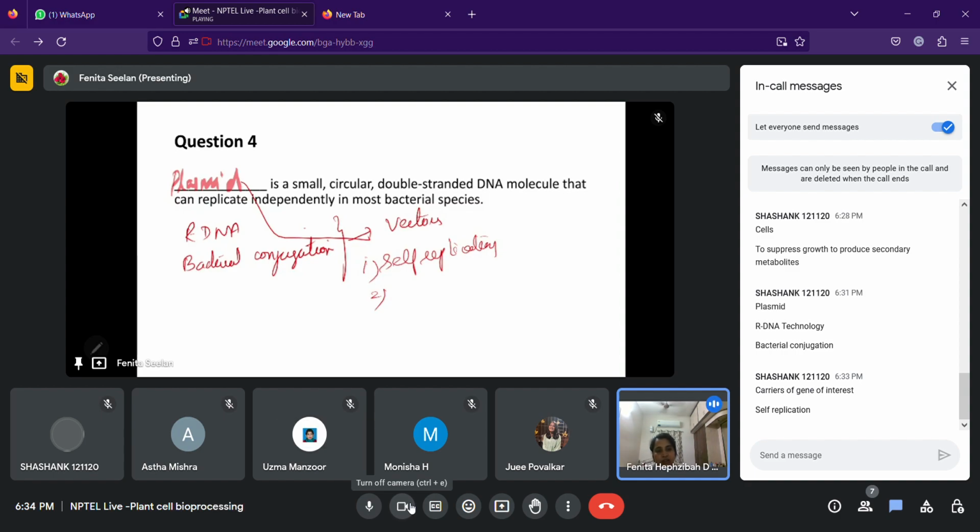It should have an origin of replication site.